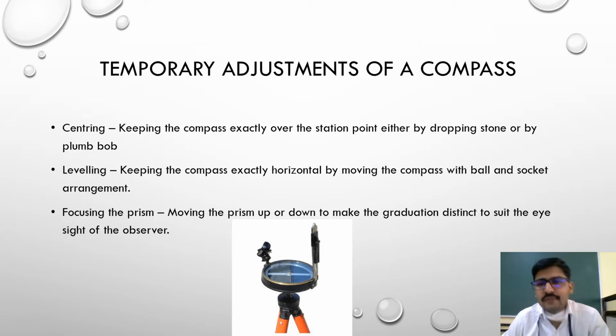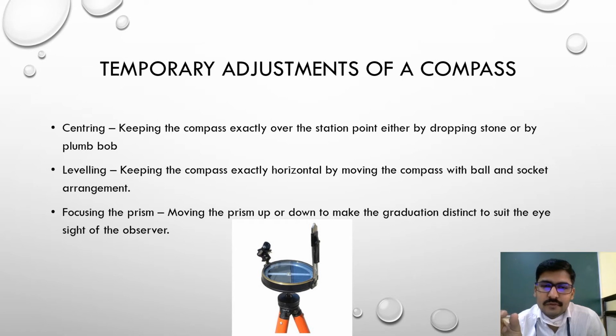Whenever you do not have a plumb bob, the easiest way to locate the point where the compass is kept is by dropping a stone from the bottom of the compass. You should hold the stone exactly at the center, at the bottom of the tripod, just below the legs where the three legs are joining.